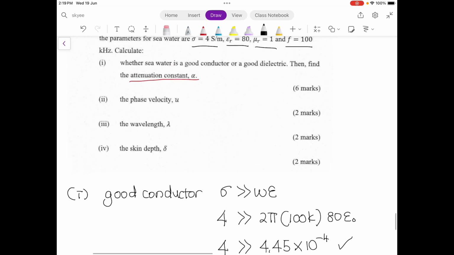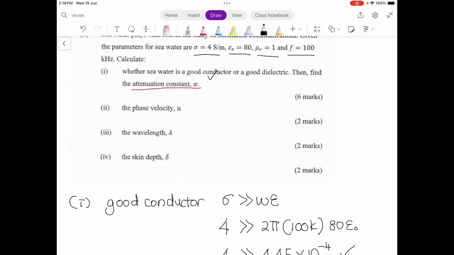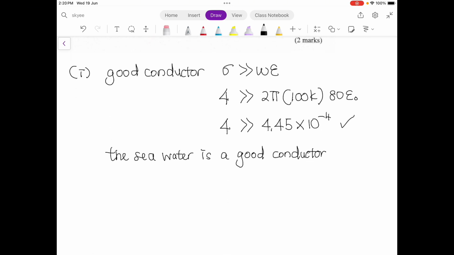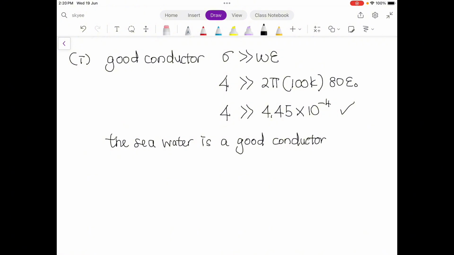So if it is a good conductor, then find the attenuation constant. You can refer back to the formula. For a good conductor, the attenuation constant is the same as the phase constant. It equals the square root of omega times mu times conductivity divided by 2.